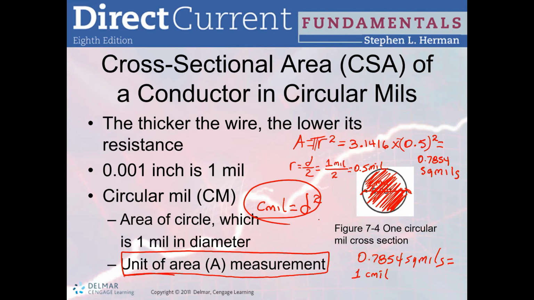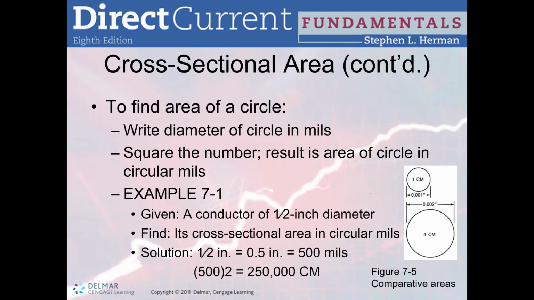Okay, so now going into the next slide, that means that if we have a conductor that is ½ inch in diameter, we take a vernier caliper and we measure that we have a diameter equal to ½ inch. That means that ½ inch is equal to 500 mils.